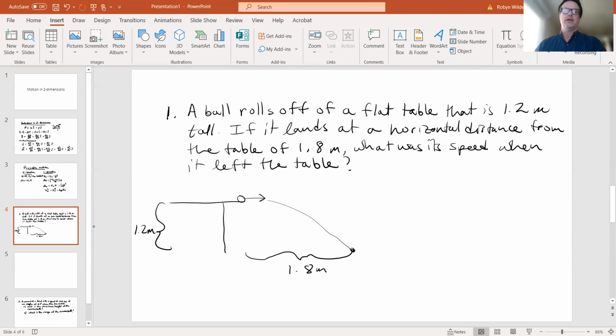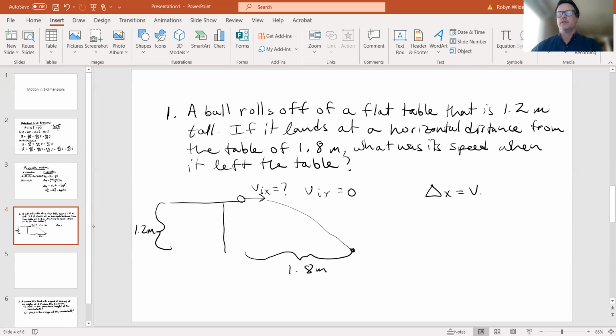If I think about it a little bit, there is only an x component. Actually, v initial y must be 0 because it's not moving up or down as it leaves the table. So how am I going to do this problem? I want to figure out that initial velocity. Well, thinking about it a little more, if I want the x component, there's only one equation.